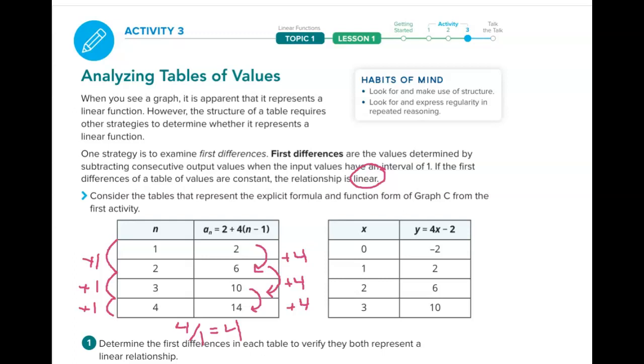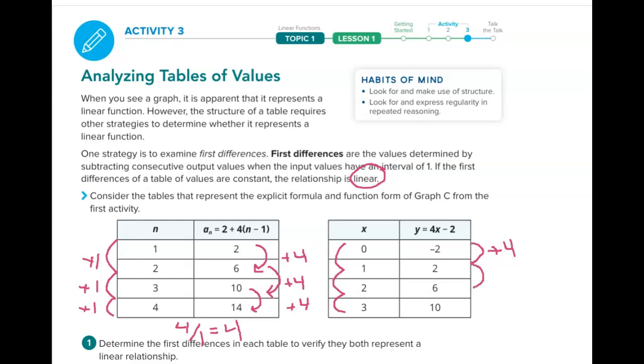Now let's do the same here. These, again, if you look at these numbers, this is increasing by 1, this is increasing by 1, this is increasing by 1, which tells us that we can just look at the output column to figure out if it's linear. So from -2 to 2, that's an increase of 4, because it's 2 steps to get from -2 to 0, and then another 2 steps to get from 0 to 2, so that's 4 steps total.